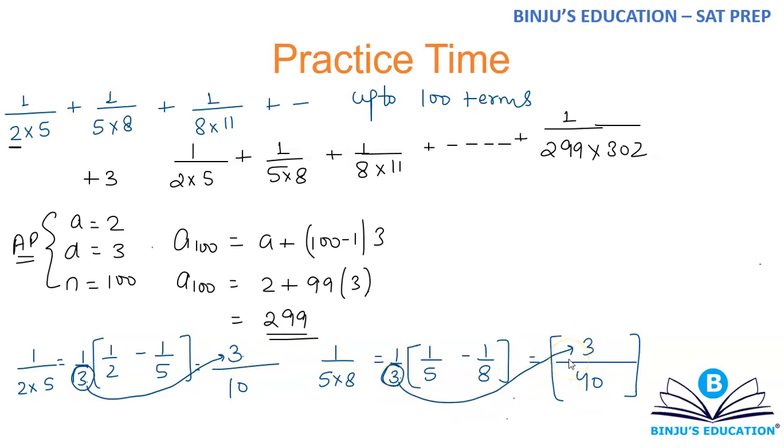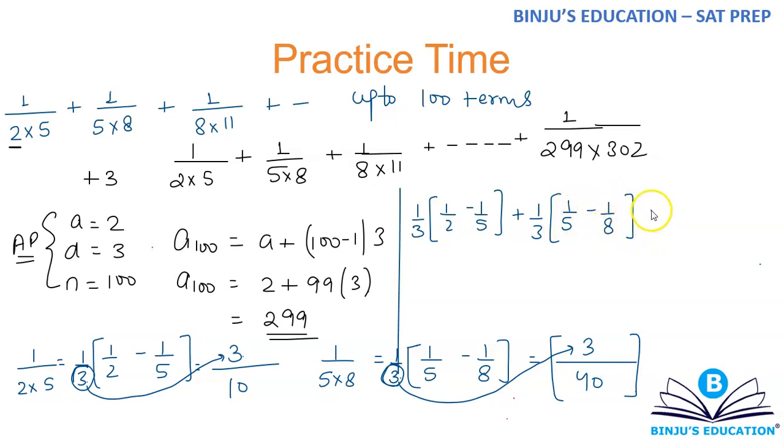Alright. So the point is this entire series can be rewritten as 1 by 3 (1 by 2 minus 1 by 5) plus 1 by 3 (1 by 5 minus 1 by 8), and so on and so forth.